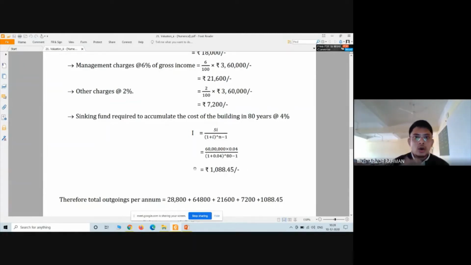From the gross income, all these expenditures are going out, right? The gross income is coming, all the charges, all the taxes are going out, and also the sinking fund is going out because I will have to keep it aside separately. I'm not going to use it for some other purpose, so these are also outgoings.